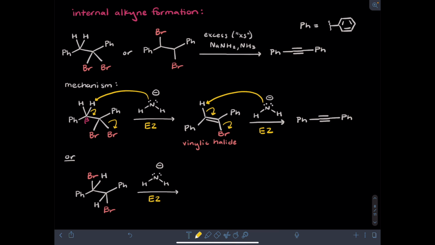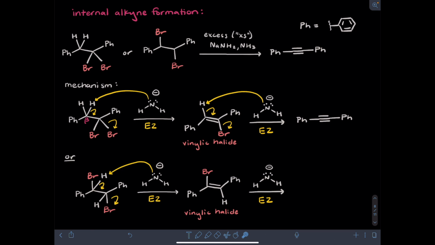I'm going to have an E2 reaction involving that CH bond on the left. So I'll deprotonate that hydrogen, form the pi bond, and have a loss of leaving group. After this step, an alkene has formed. The hydrogen on the right carbon is remaining, and the bromine on the left carbon is remaining.